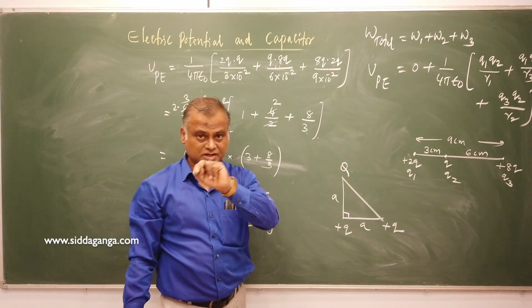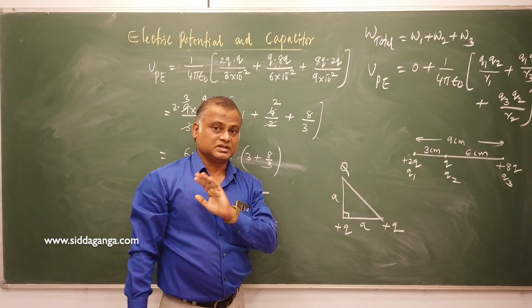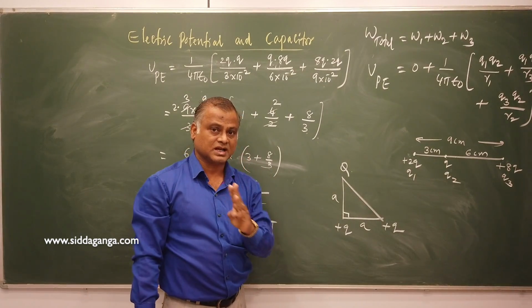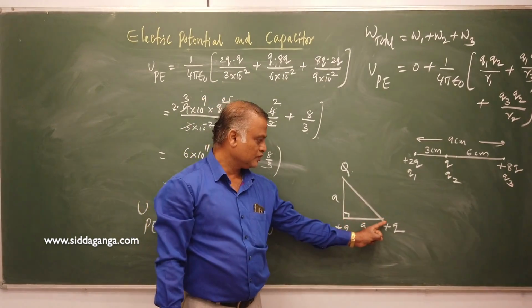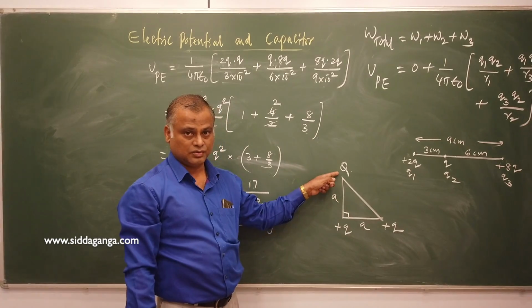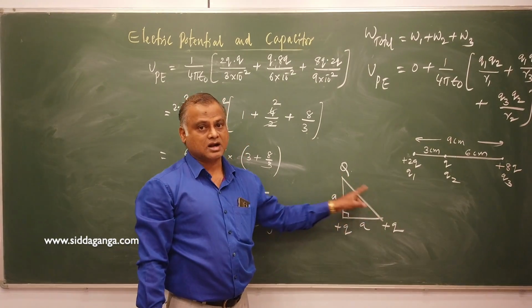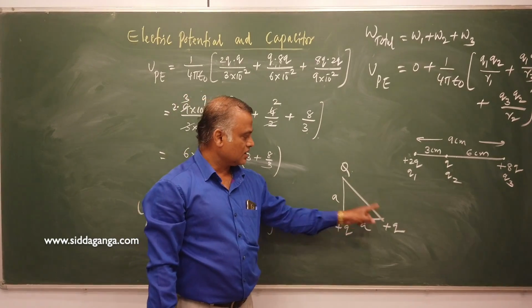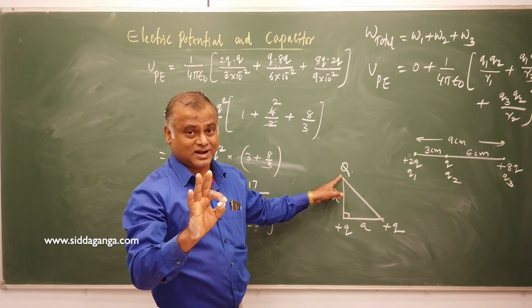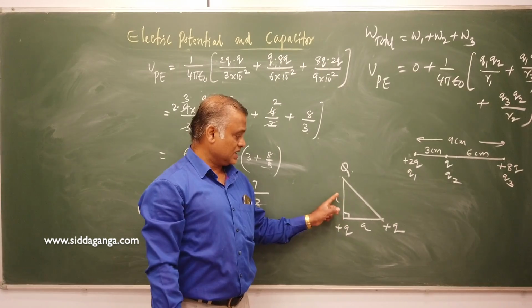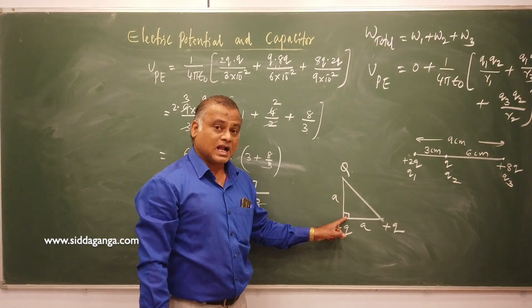Now the second question is this. There are 3 point charges, plus Q and capital Q, placed at 3 corners of an equilateral triangle. 3 corners of, not equilateral, sorry, an isosceles right angled triangle.